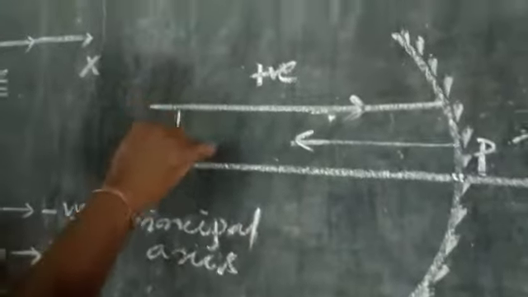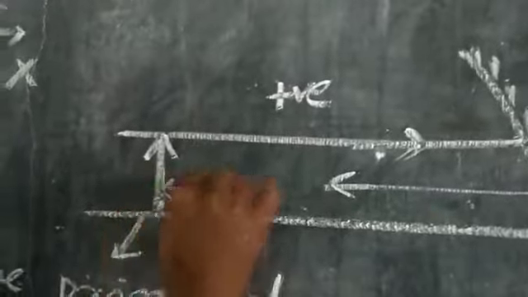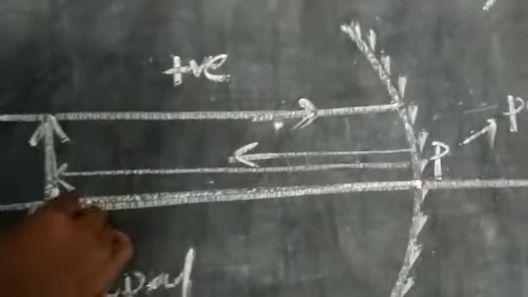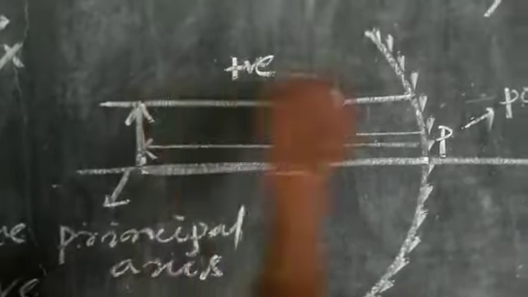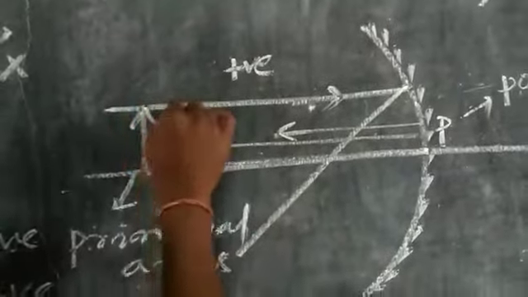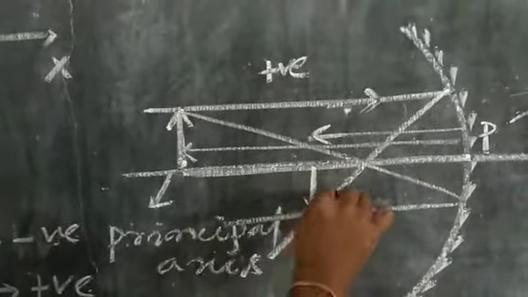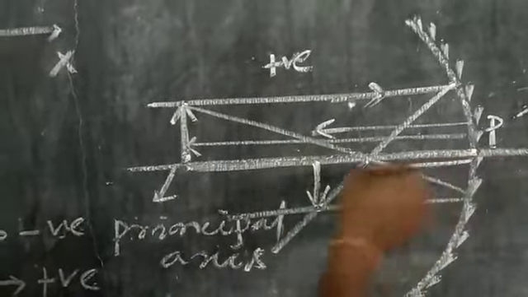Suppose the object is here. This distance we have to measure from the pole. From this pole we have to measure the object distance. Suppose the image is created here, then this image distance also we have to measure from the pole.